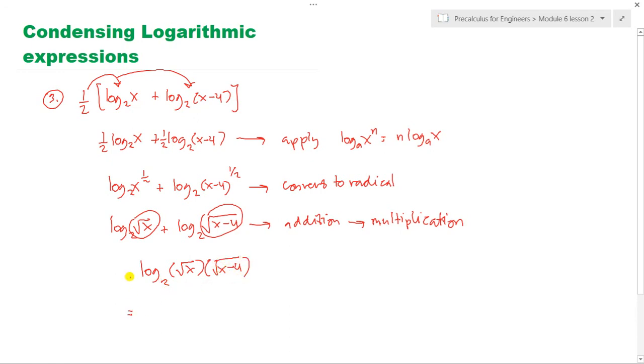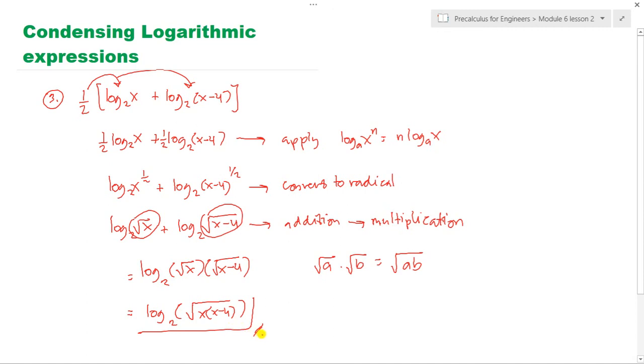Now here class, pwede ba ni masod sila, di ba simplify man from the properties of radical, that is square root of a multiplied by square root of b, the answer is the square root of ab. Kung the same sila index, mausa ang sod sa expression. So kani, this will be further simplified as log of square root of x times x minus 4 to the base of 2. Or you can also simplify the inside of the radical sign.